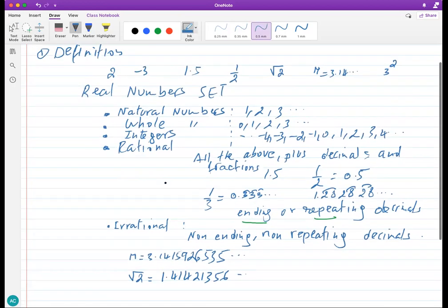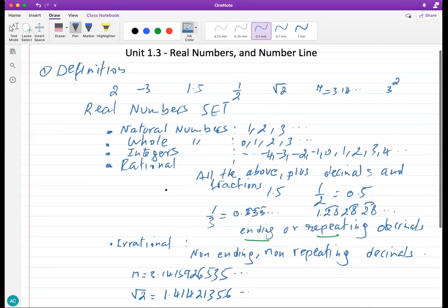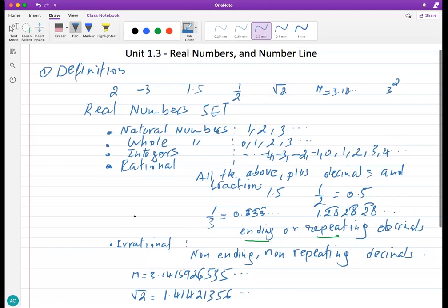Okay, so that's basically what we mean by real numbers. All these types of numbers belong to the same group, which is the set of real numbers. There's another group that has all this and more numbers. It's called the complex numbers, but it's not the subject of our discussion in this class. That's for a different class.